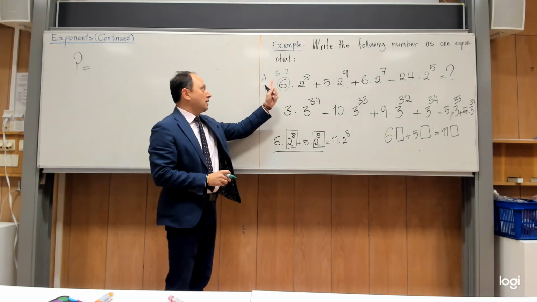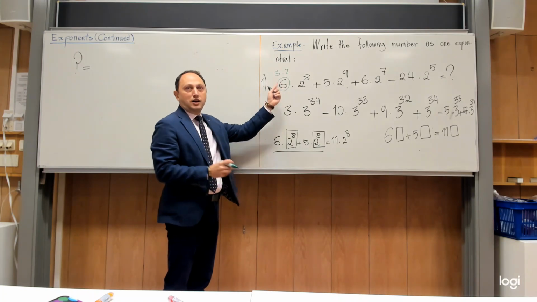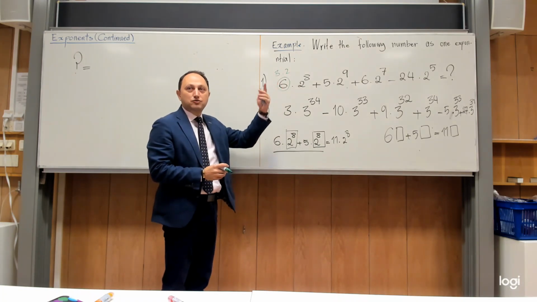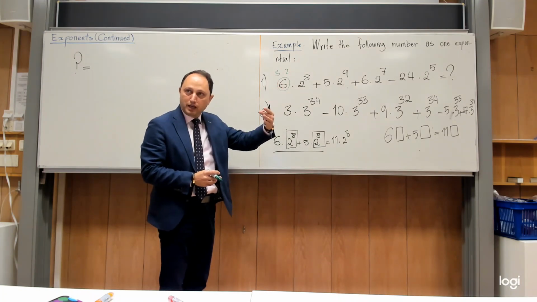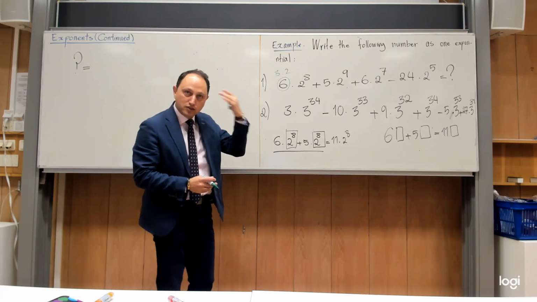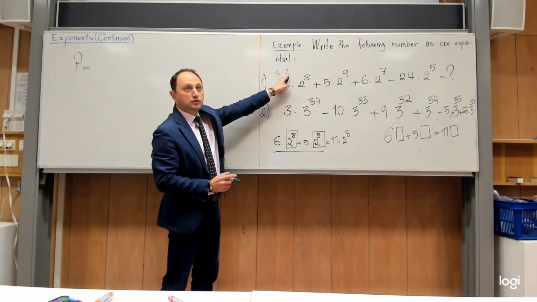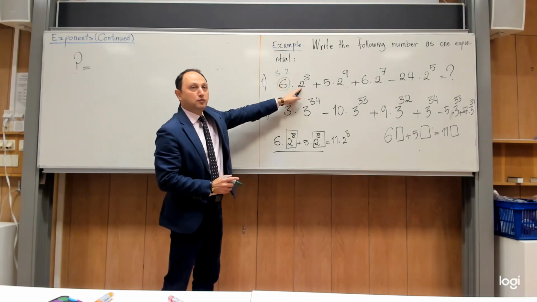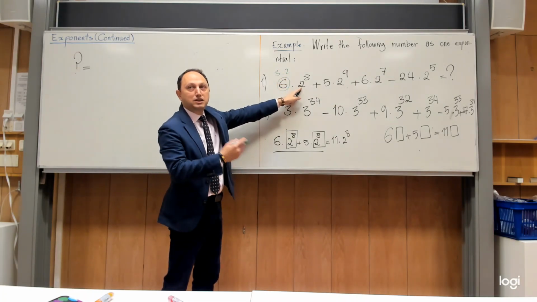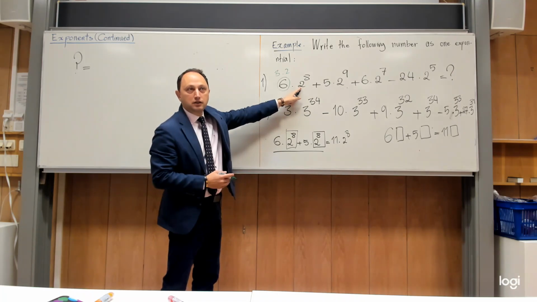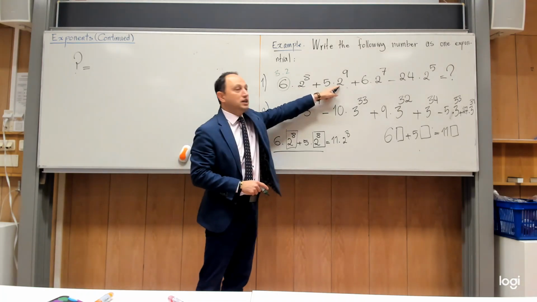Every one of you, I'm sure you know that 6 is 3 times 2. But maybe you don't see it as relevant here. By this way of explanation, I hope that you understand the ideas. So why is this good? Because this 2 will multiply itself by this 2 to the 8, which gives me 2 to the power of 9, which is the same package I see here.